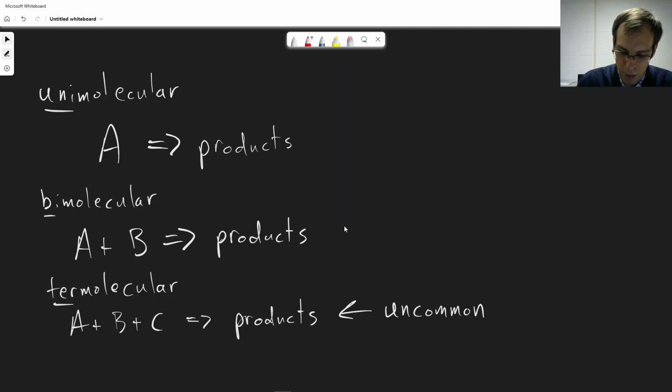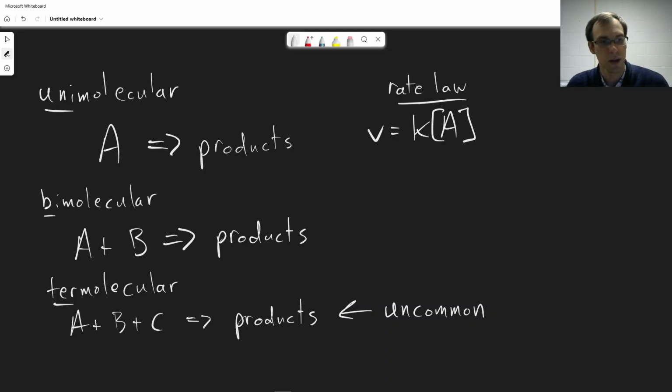So for a unimolecular reaction, the rate, we'll call V, is just equal to some rate constant times the concentration of A. There's a direct one-to-one correspondence here, A going to products, and this is an elementary step, so we can say the rate law for this step, not for whatever whole reaction this involves, is this.